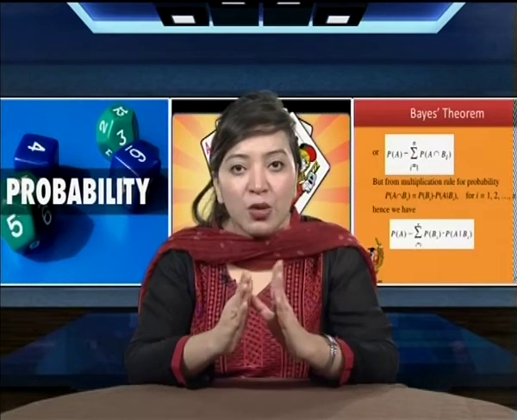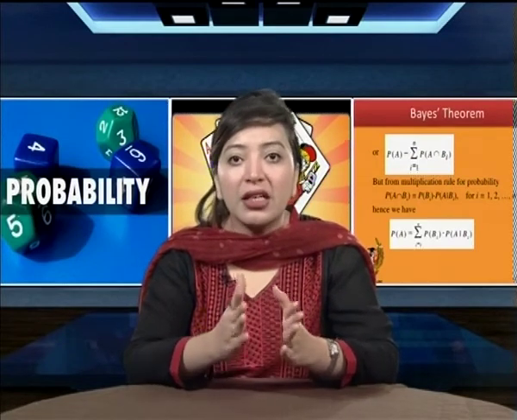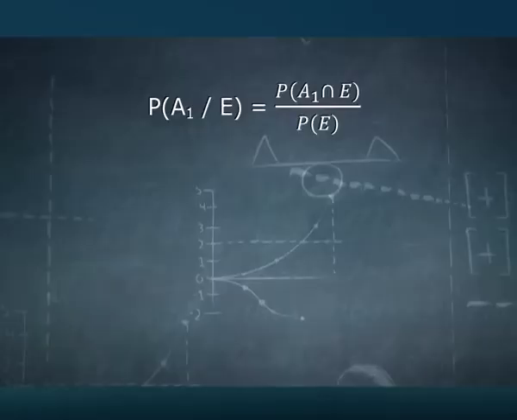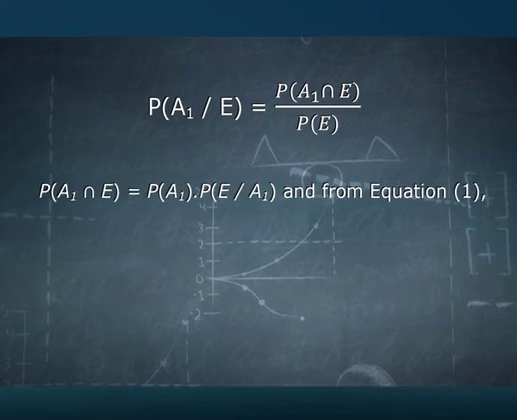Furthermore, by using the multiplication theorem to find a conditional probability, it follows that probability of A1 given E is equal to probability of A1 intersection E divided by probability of E. But probability of A1 intersection E is equal to probability of A1 times probability of E given A1.